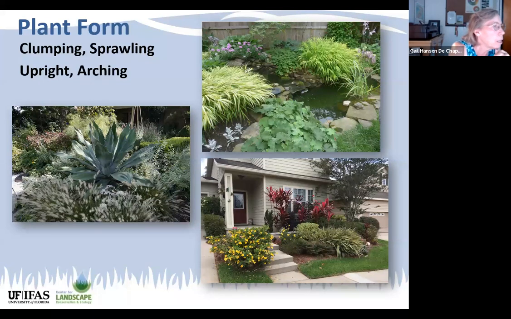You have plants that sprawl, growing low to the ground, and plants that grow more upright and stiff, like the plants in the picture on the bottom right, and then some arching plants. A lot of different shrubs have that arching form. Those are just four examples of different forms of plant material, but you can see in all of these pictures, they are very interesting compositions because they have different forms.